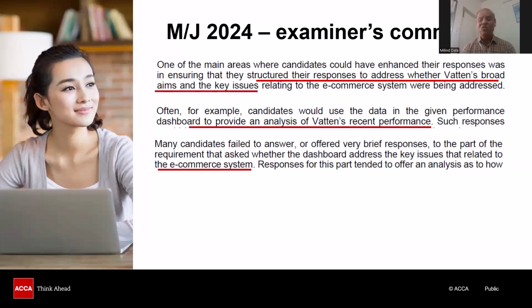Candidates could have referred to another exhibit, which was provided on another area of benchmarking, which contains some of the NFPIs on e-commerce related issues. And that's where I say your commercial acumen comes into picture.